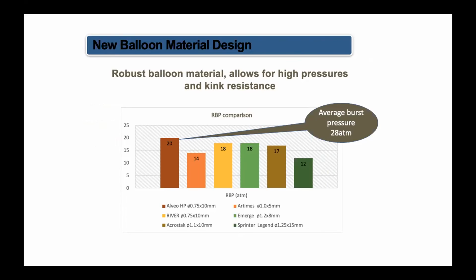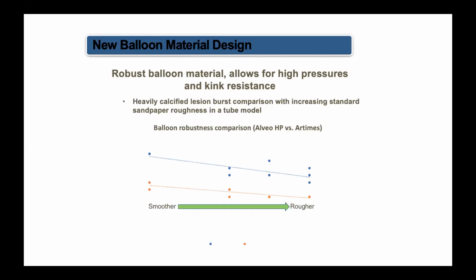So Alveo is made of robust balloon material that allows for high pressures and kink resistance, with an average burst pressure of 28 atmospheres, and it has the highest rated burst pressure among all the other balloons. So it allows better dilatation of the lesion with a safer dilatation.